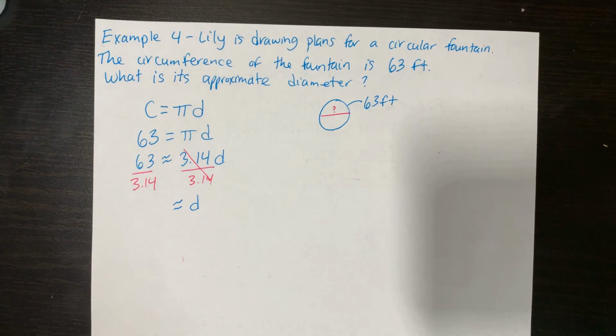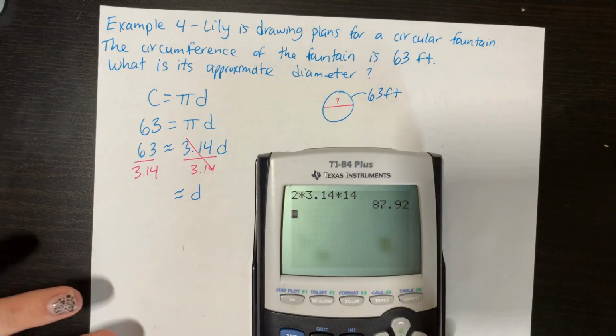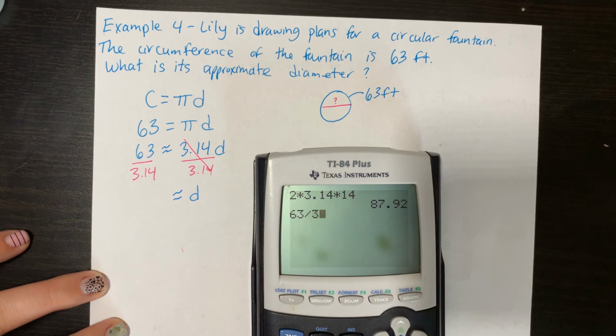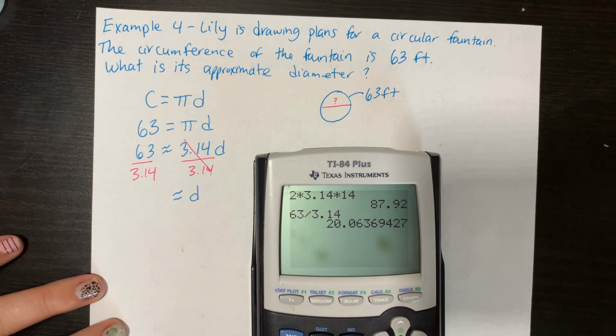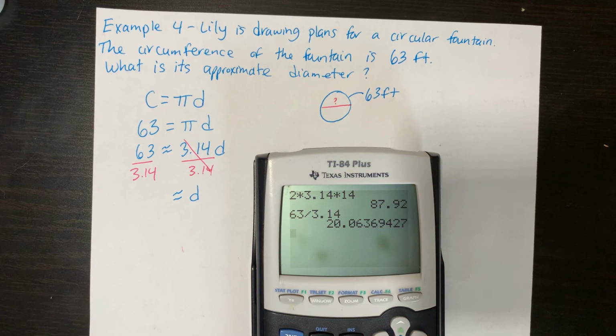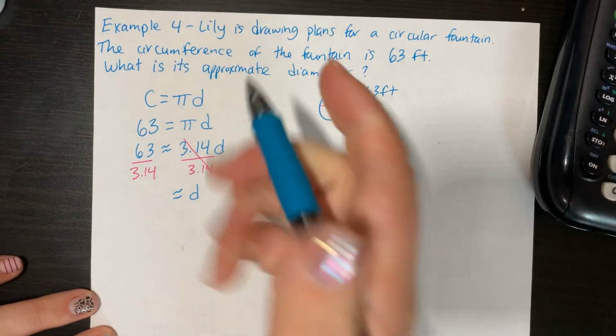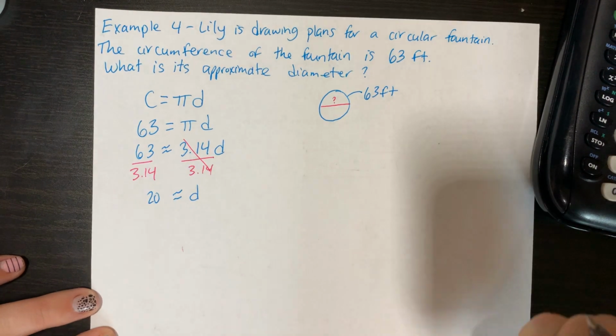In your calculator, you're going to type in 63 divided by 3.14, which comes out to 20.06 and so on. So we can approximate this. Let's just round it to 20. So d is approximately 20.